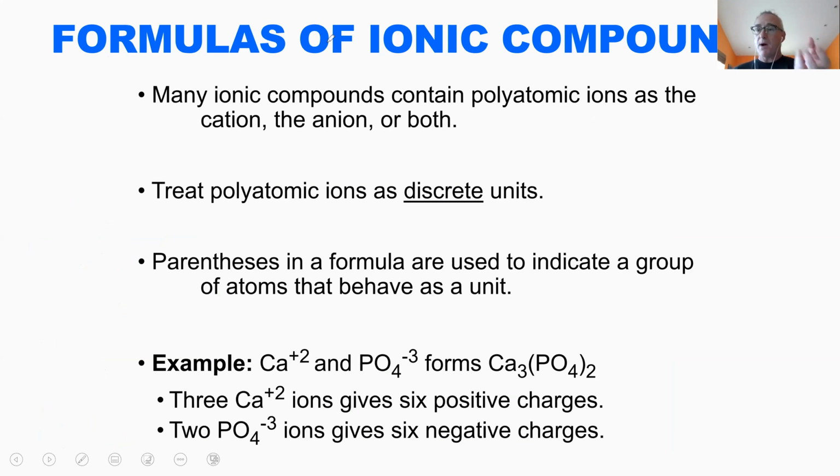So polyatomic ions, let's talk a little bit about it. You dealt with it on your recitation. I just want to really make the point that we treat polyatomic ions as discrete units, because they're discrete units.